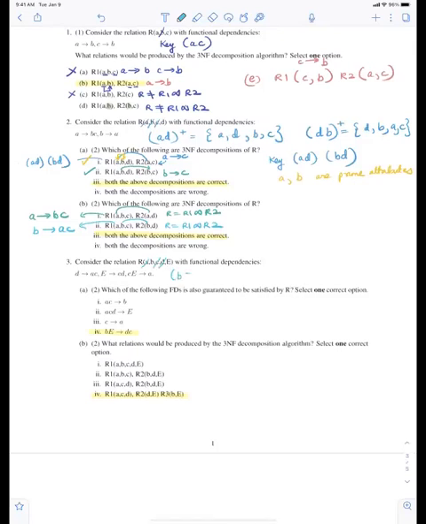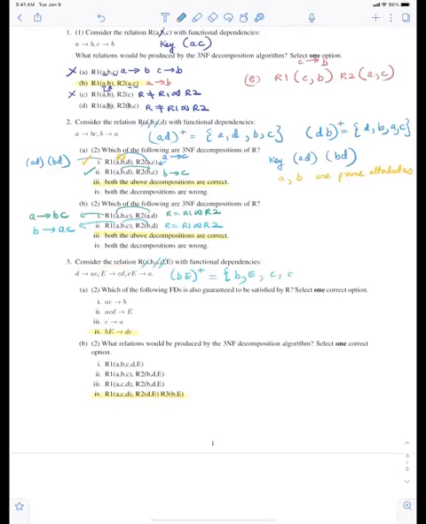So let's start with B and E and see, is BE a key? Because neither one appears on the right, you know for sure that B and E have to be in the key. So I just want to see, are they sufficient? So we have B and we have E. Then we have E goes to CD, so we can bring that down here.